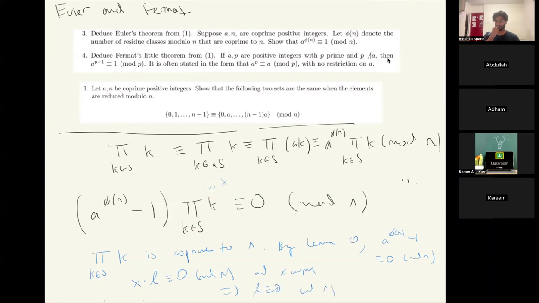Or actually, we don't have to do that. From the first statement we can deduce that the product of all elements of S is congruent to a to the totient of n times this number. So now we can deduce that a to the phi of n is congruent to 1.